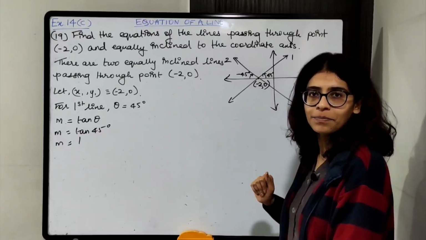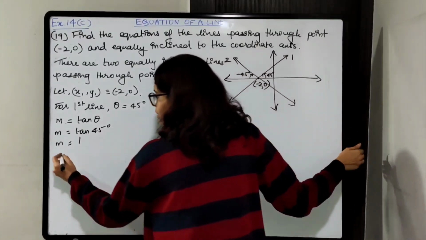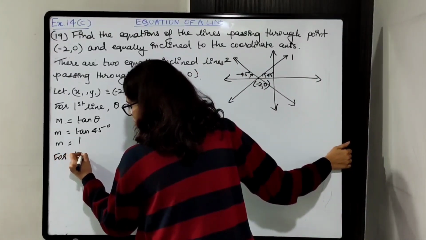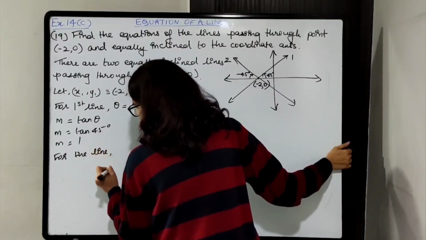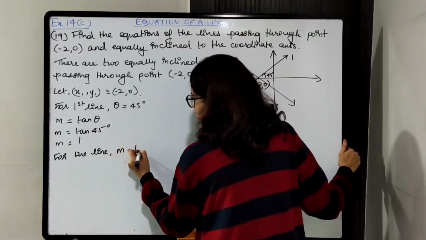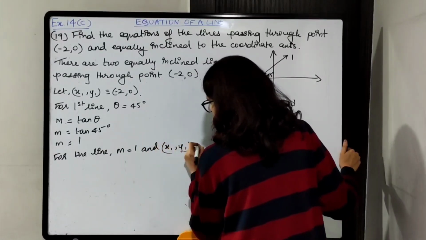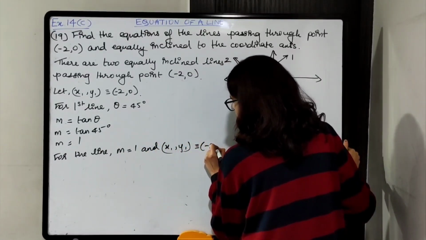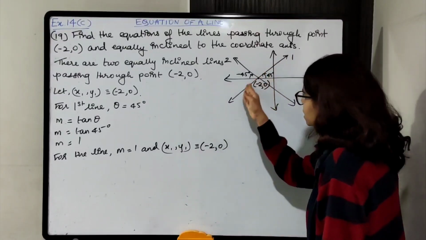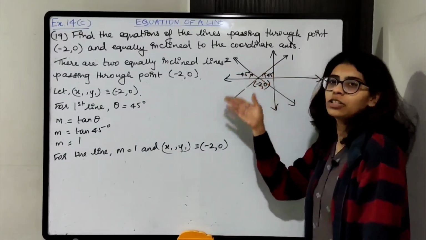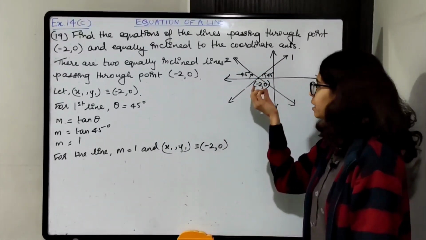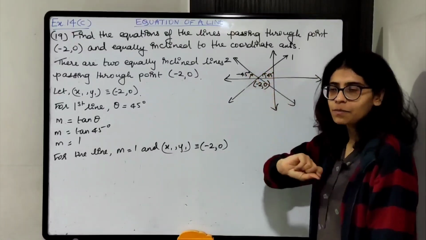We got m. So for the line, we know m is 1 and x1 y1 is minus 2 comma 0, because it is passing through the point, therefore this point is lying on the line. Right? Therefore minus 2 comma 0 is lying on that line.